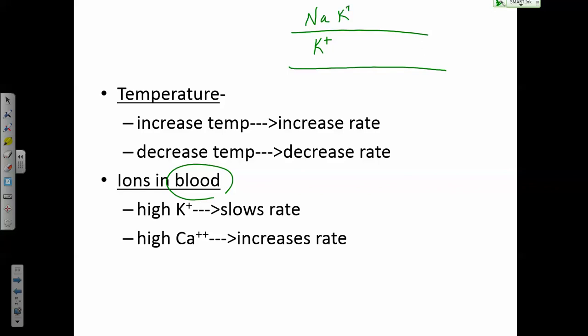So there's not as big a difference on the two sides. And that means potassium is going to move out more slowly because it's not as big a difference. And that will slow the rate. Elevated calcium. Calcium is needed for muscle contraction. The more calcium you have, the more quickly it can contract. So that's going to speed up muscle contraction, or the rate of the heart.